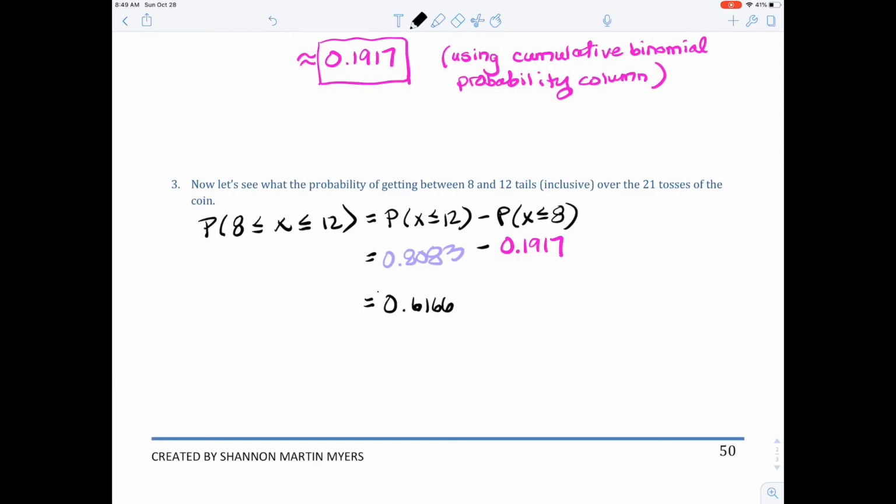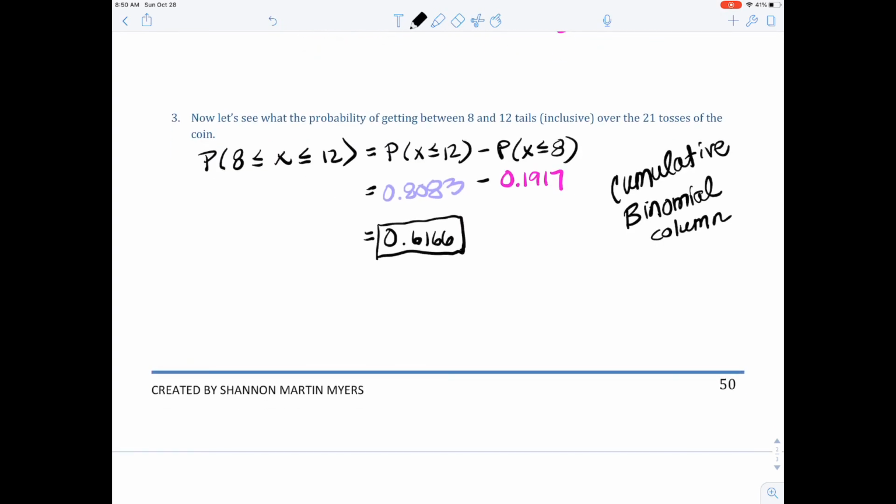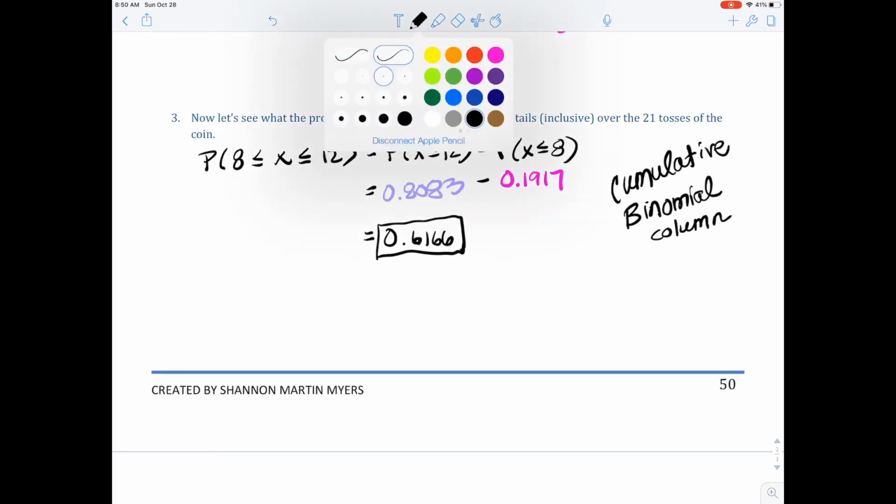Okay? And that's the probability of getting between 8 and 12 tails inclusive, so you're including those endpoints, over 21 tosses of the die. And this was using our cumulative binomial column. All right. So now let's check out what would happen if we used our standard normal.